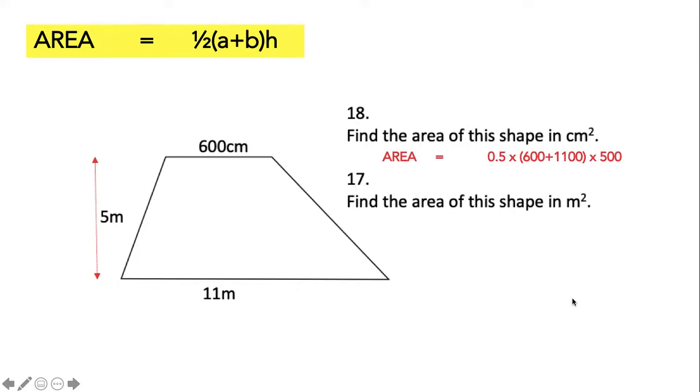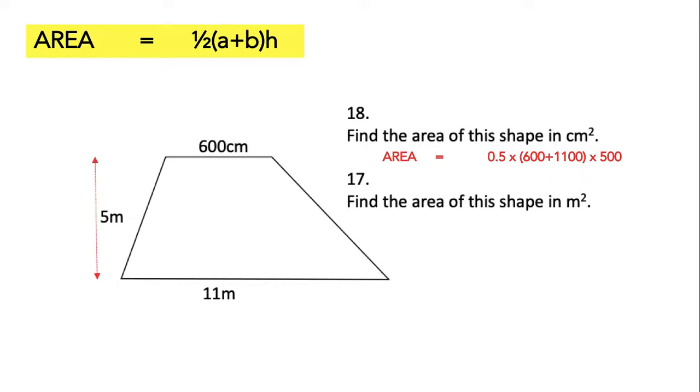So first of all, doing this in centimetres, that's 600 centimetres there. The 11 metres is 1,100 centimetres, and the 5 metres is 500 centimetres. So to get the area in centimetres squared, I've converted the whole problem into centimetres to start with. That's always the best way to go about it.